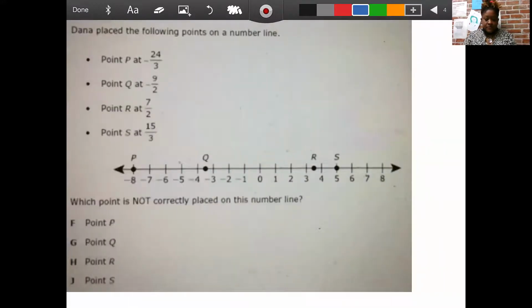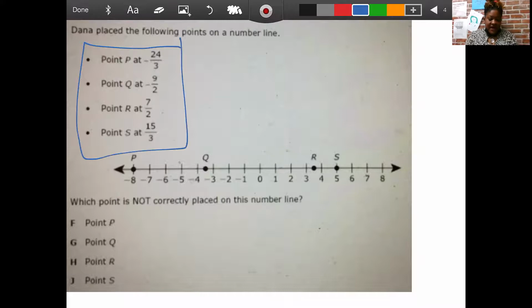Okay? Dana placed the following points on a number line. So these are all fractions, and they look like improper fractions, meaning that the numerator is bigger than the denominator, okay? So what we need to do is convert all of these to decimals or whole numbers if they go in evenly. For example, negative 24/3. How many 3s are in 24? 8, and it's negative, okay?